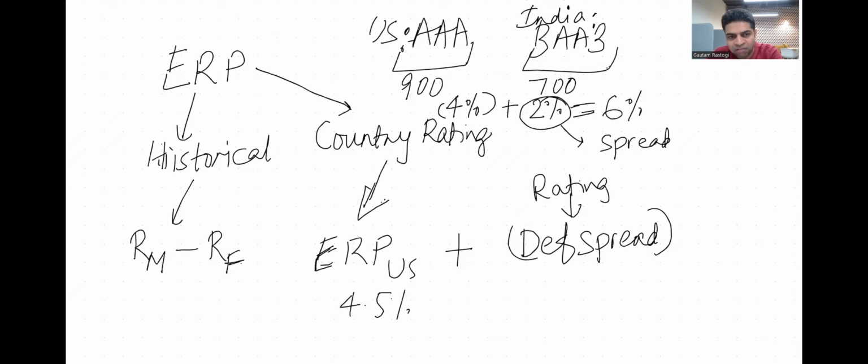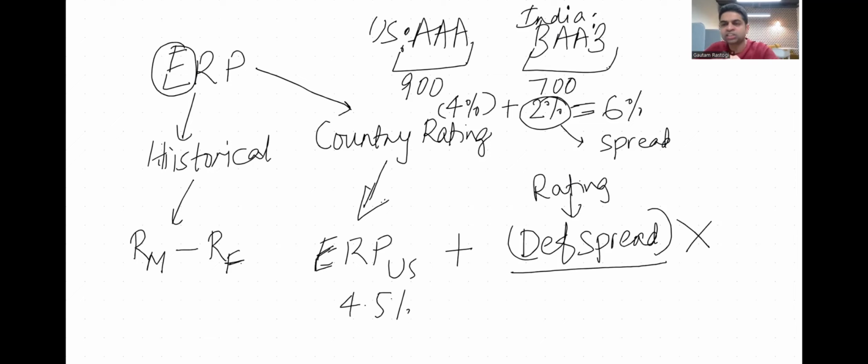But what we are computing is the equity risk premium, not the bond market. So you need to scale this default spread for the bond market; you need to convert it to the equity market spread or equity market premium.